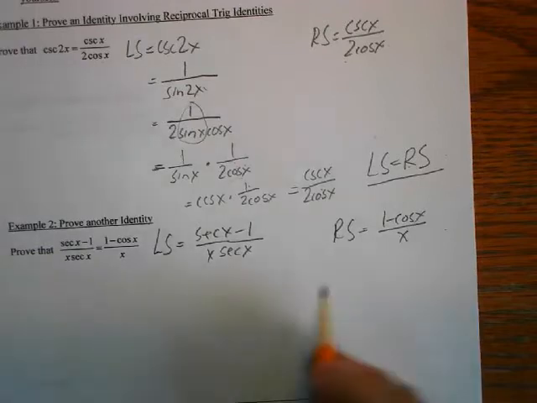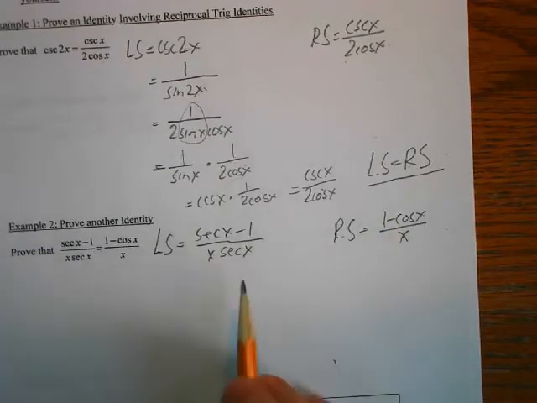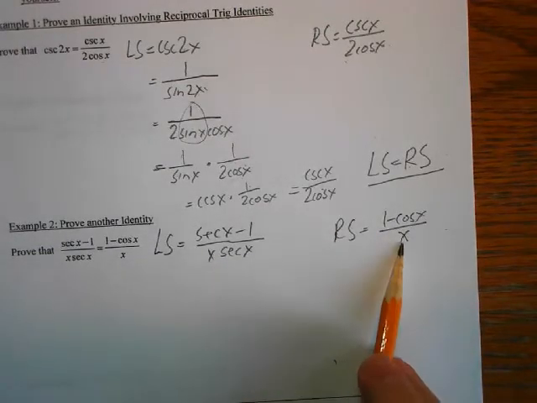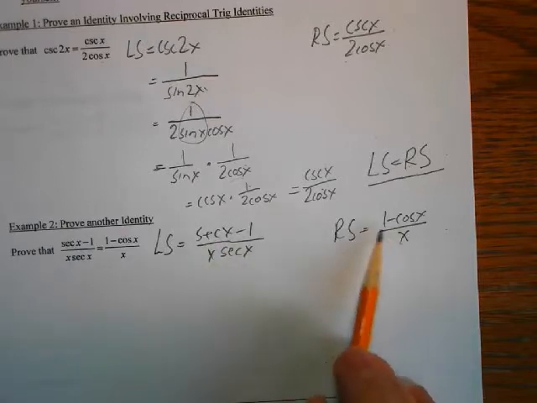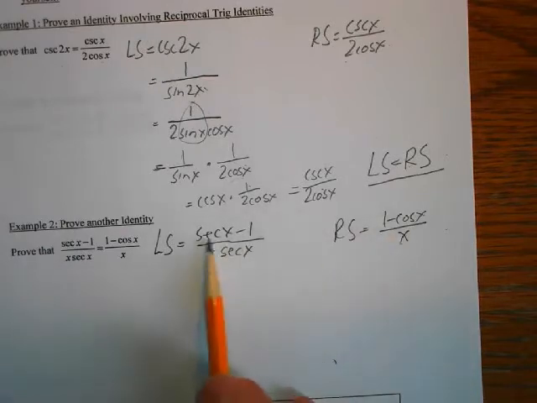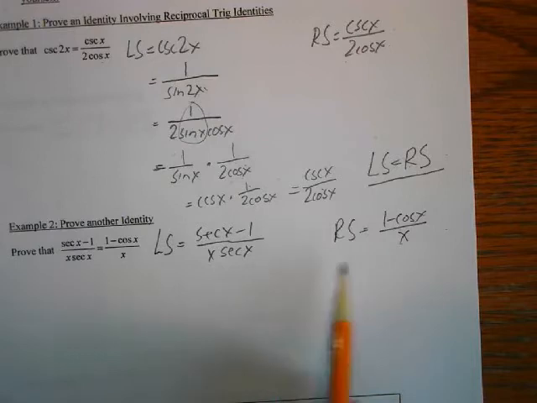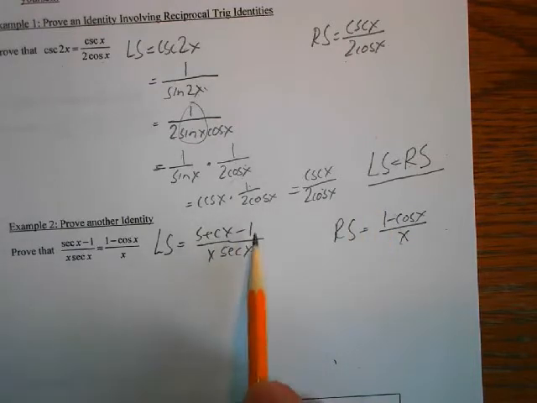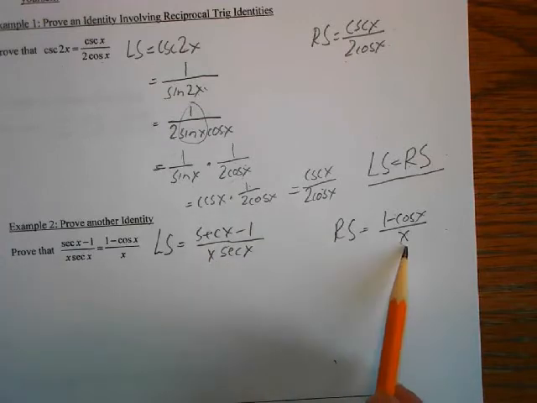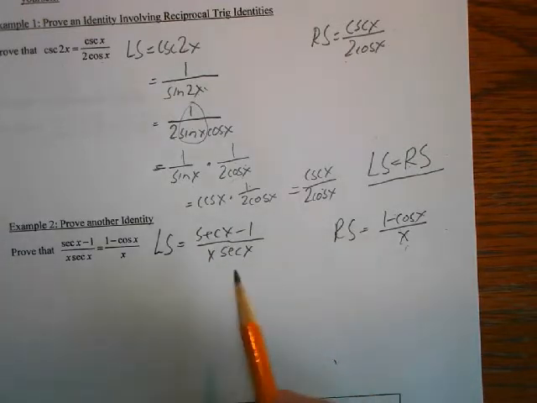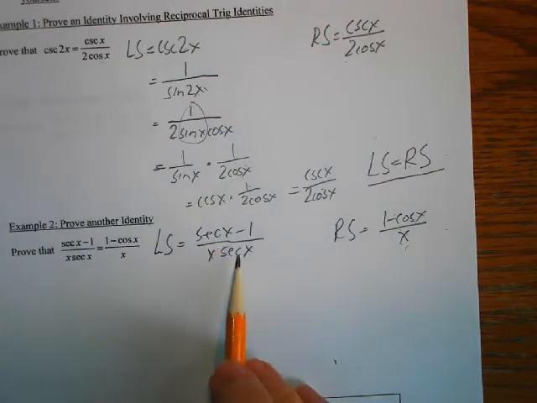And even looking at them right now, they're both pretty complicated. They're both rational because there's a division bar here, but there's still only one term in each. There's two terms on the numerator, one term on the numerator. So I'm going to choose to start working with this, and I'm kind of comparing that right now.